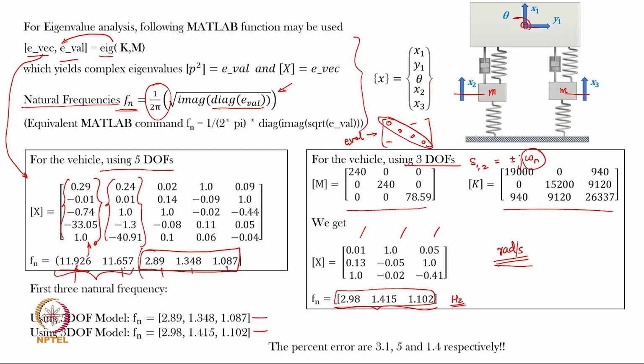If you calculate the percentage error, it is a maximum of 5% error, and that is reasonable, because all of this analysis is done to have a preliminary guess and some idea about what the natural frequencies are. Usually we are more concerned about the initial few eigenvalues or natural frequencies. The higher eigenvalues are not always essential to find.